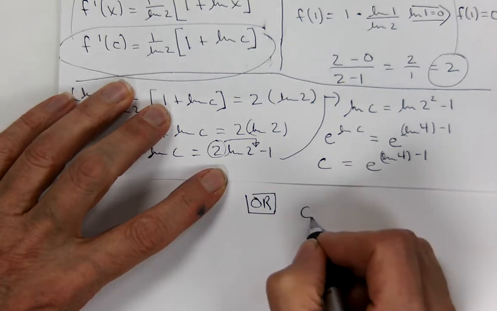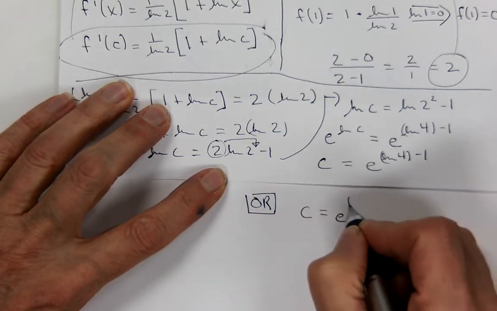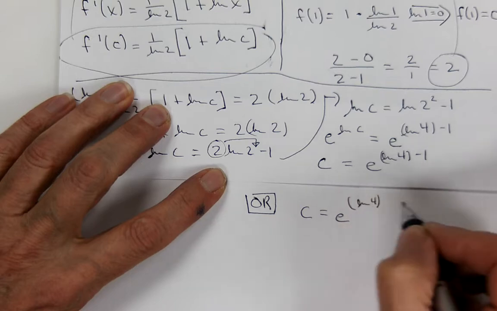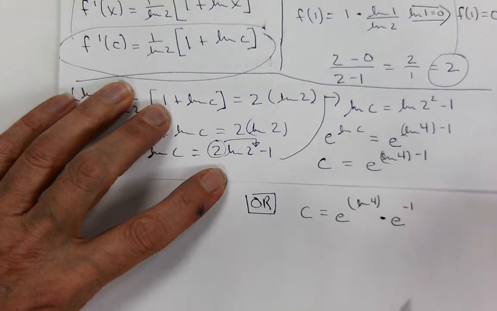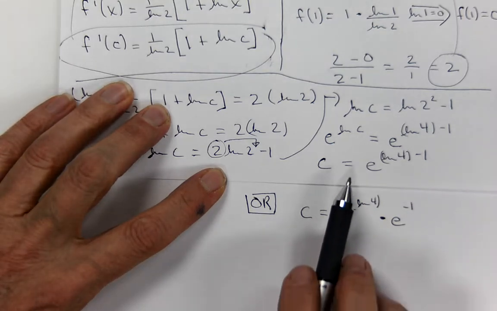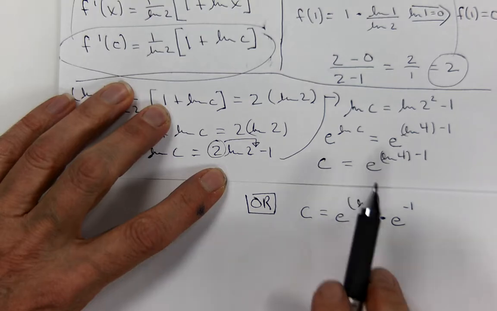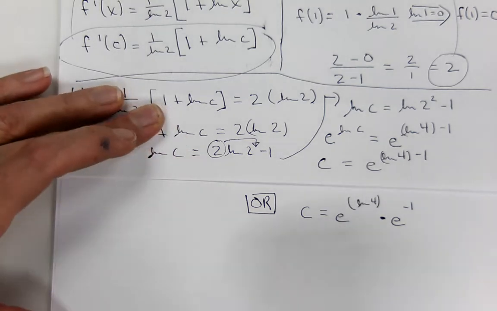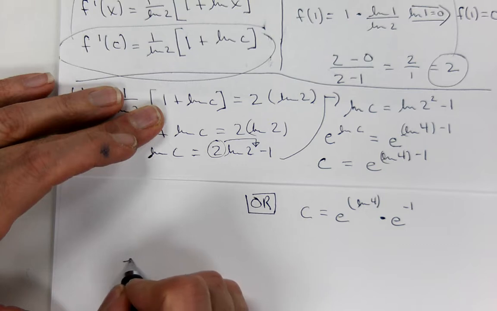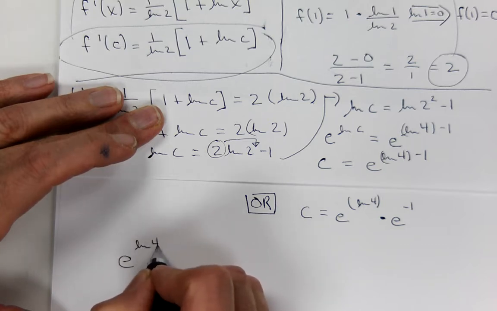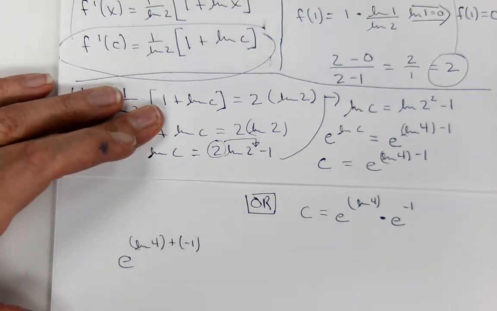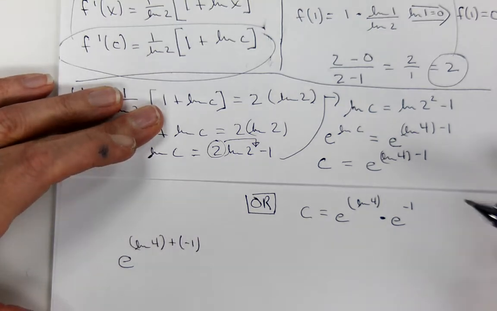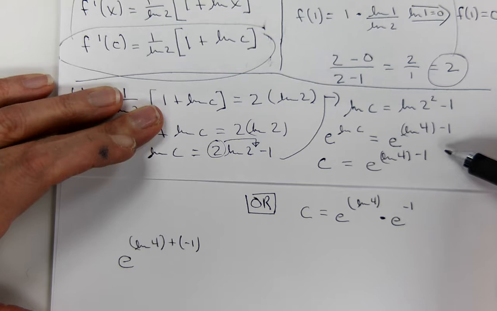If we write this as c equals e raised to the natural log 4 times e raised to the negative 1 power, which feels really weird. But if we wanted to go from here to here, we would add the exponents. And so you would have e to the natural log 4 plus negative 1, which is e to the natural log 4 minus 1, and you would get right back there again. So it's legal.